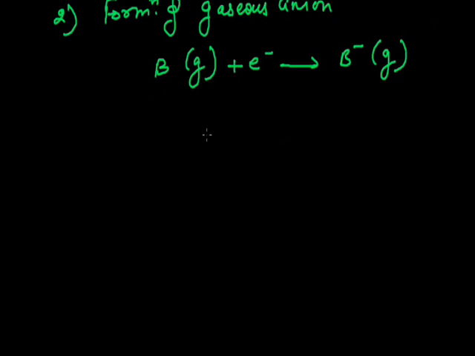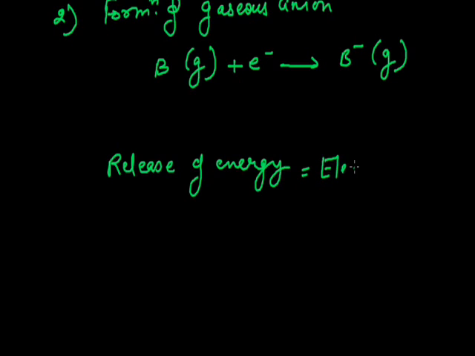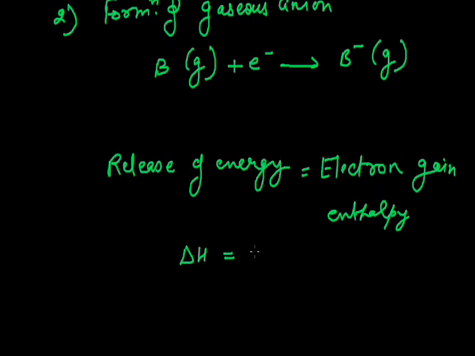The following process takes place by the release of energy, which is known as electron gain enthalpy. And this energy is shown by minus Y. Negative sign indicates the energy which is being released.